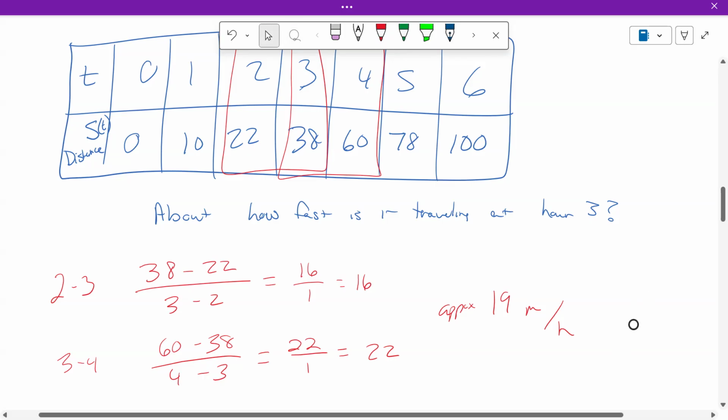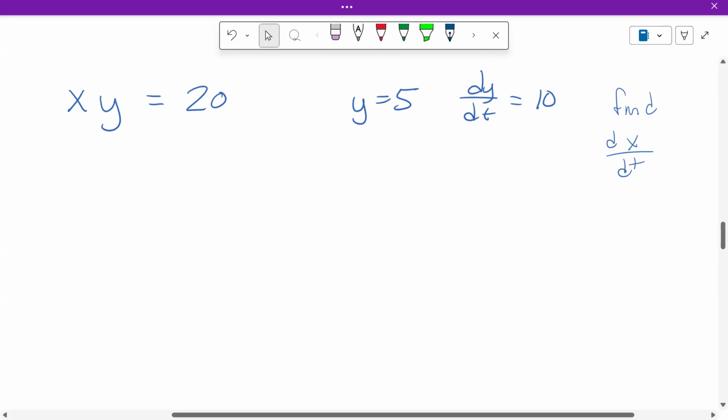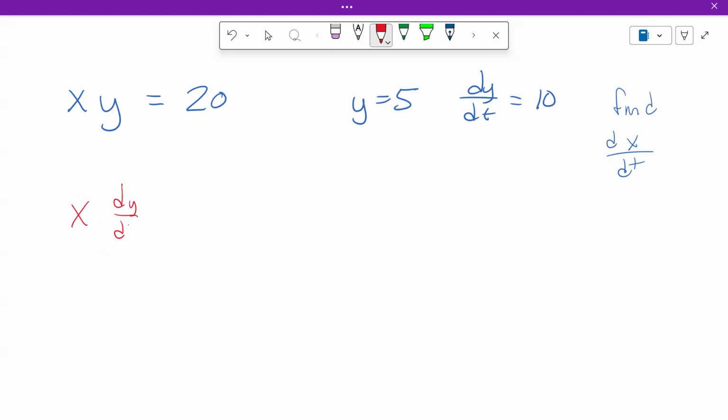If x times y equals 20, and y equals 5, and dy/dt equals 10, what's dx/dt? Take the derivative. How do we take the derivative of the left-hand side? Product rule. x times dy/dt plus y times dx/dt equals 0.